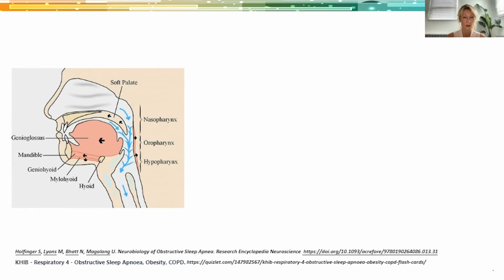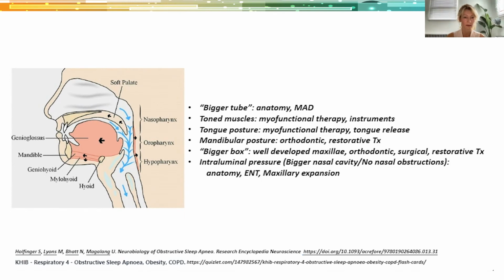And what are the things that we want to achieve? Now, if we have a tube that allows the air to go through, the bigger the tube, the more chance that the air will go through and the less chance that it will collapse. However, it's not the case every single time. We have patients that have a bigger tube, bigger airway.